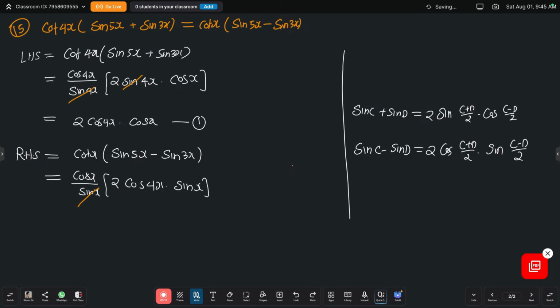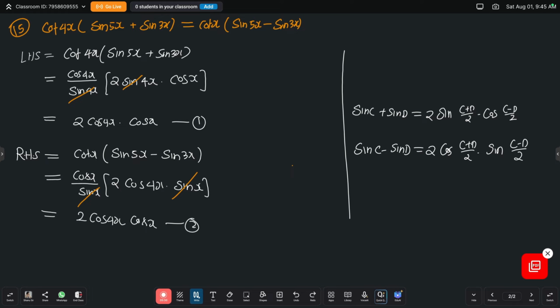Then this sin x and sin x cancel, so remaining 2 cos 4x into cos x. Can you see, first equation and second equation are the same, and first means LHS and second means RHS.